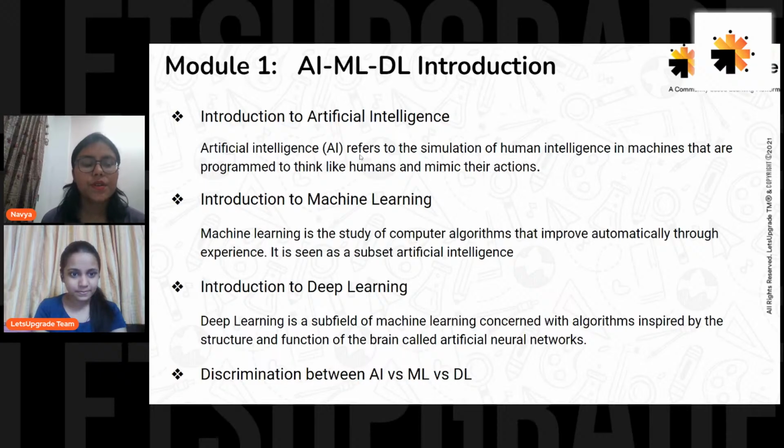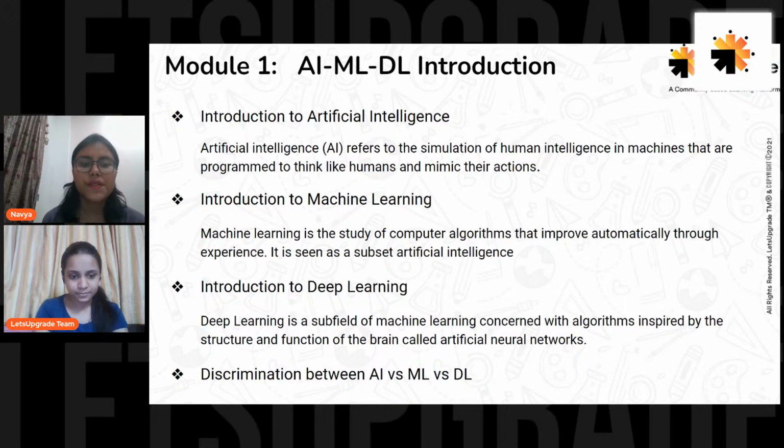Okay, starting with a glimpse of what we went through in yesterday's session. Most of you who attended might know what topics we covered. We understood the concept of AI, ML, and DL, and what these terminologies mean.